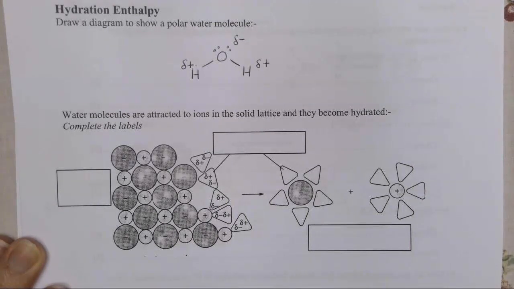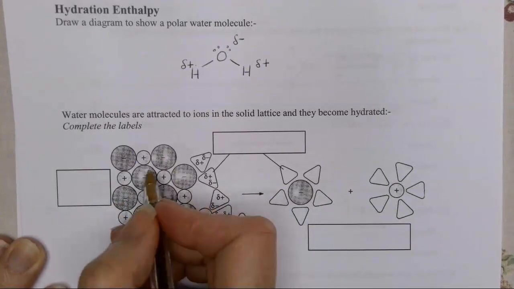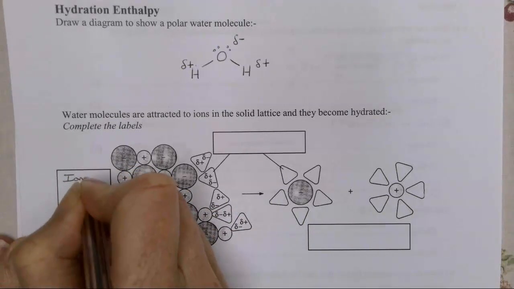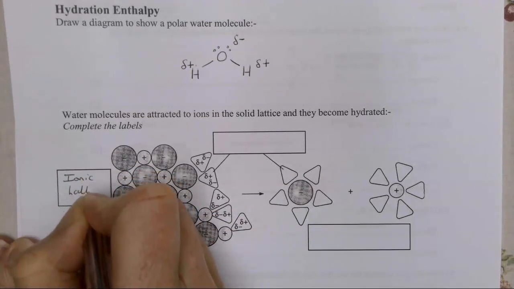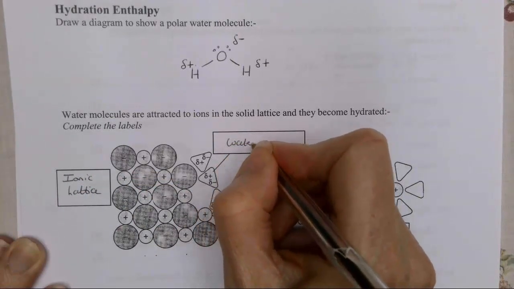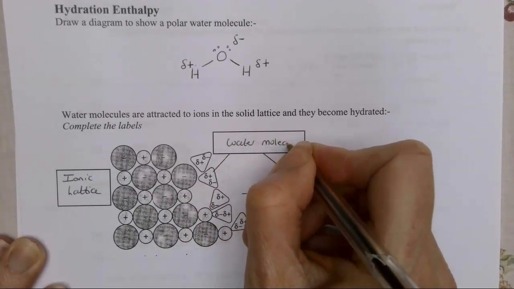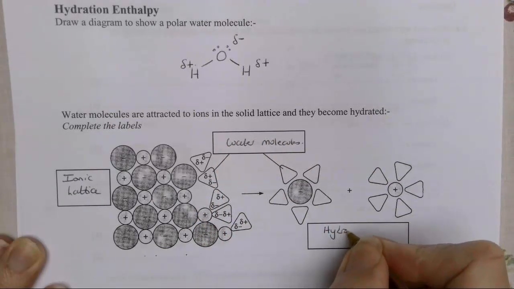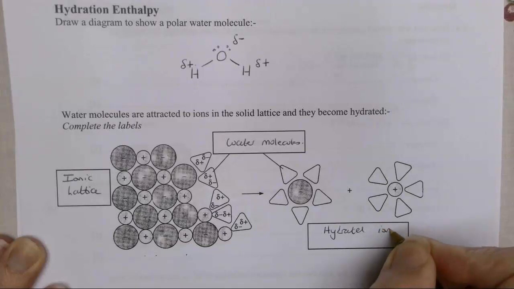Okay, so when we actually get hydration enthalpies, we start here with our lattice. So this is our ionic lattice, and we have our polar water molecules. And we now have our hydrated ions.